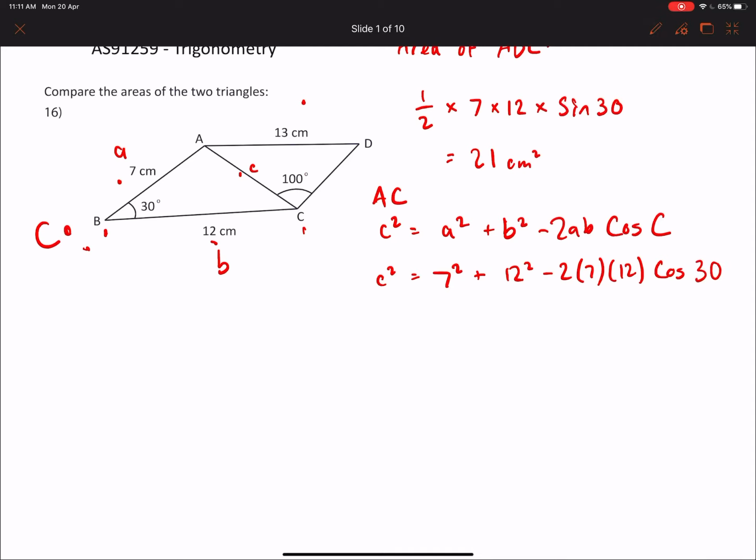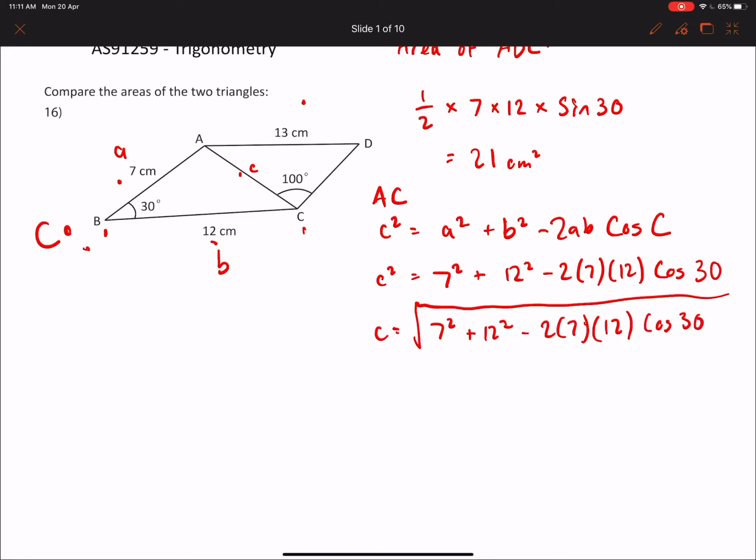Cos 30. I'm just going to square root that first. So C is the square root of all of that: 7 squared plus 12 squared minus 2 lots of 7 lots of 12 cos 30. You can do this as two steps where you calculate this line first on your calculator and then just press square root, but I just prefer to do it all in one go.